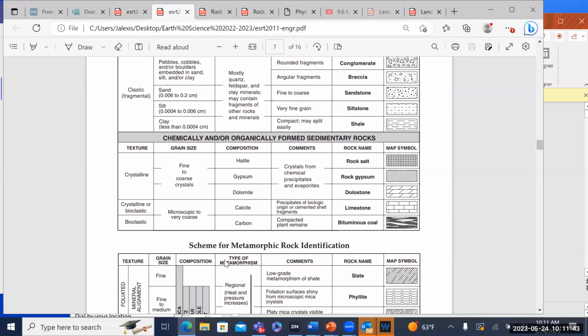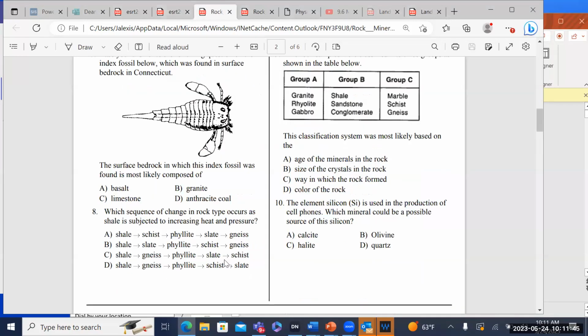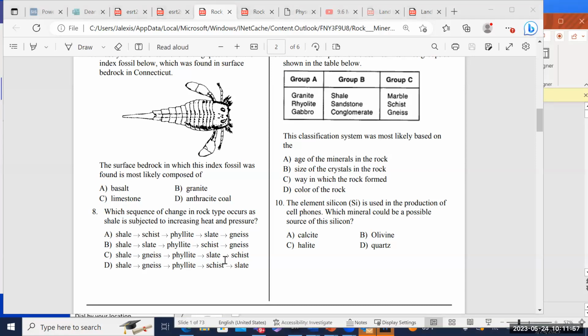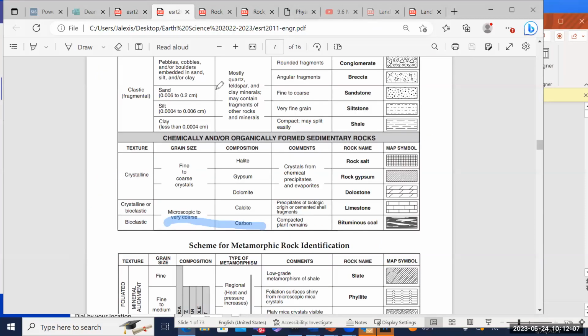So when you have a sedimentary rock that goes through increased heat and pressure, it turns into another type of rock. The rock that it turns into is a metamorphic rock.